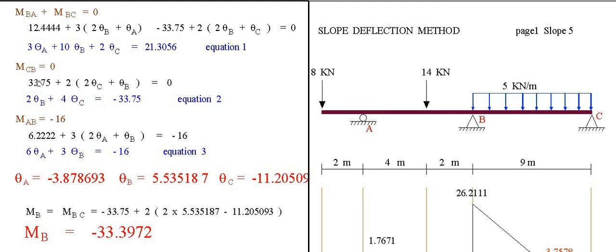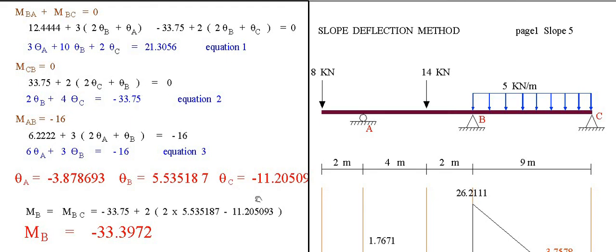Now in algebra, if you solve this in algebra, we will have this answer. If we substitute this theta B and theta C, moment CB is really 0 because at the beginning we equated this to 0.